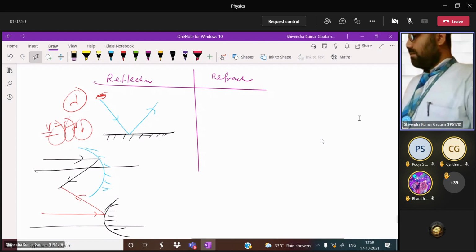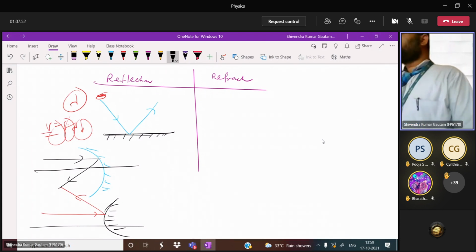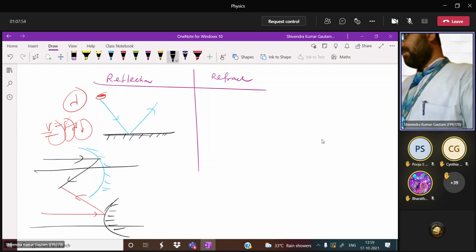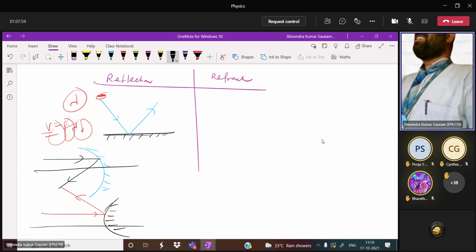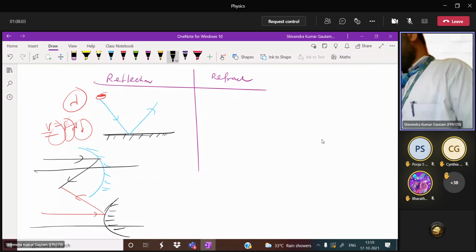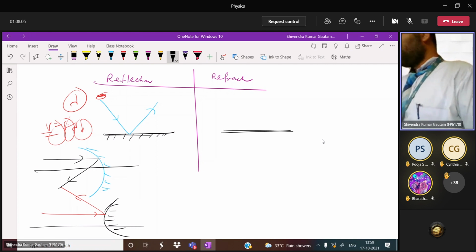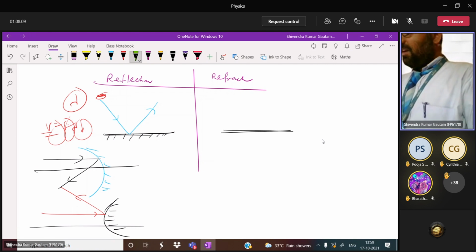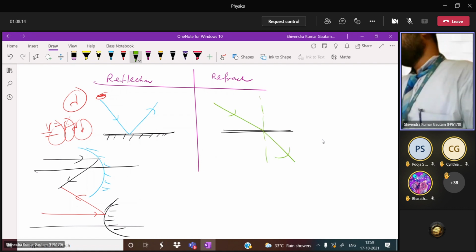Okay, now see refraction, everybody. This is an interface which separates two media. As we have discussed just now, if the ray is incident, it refracts.